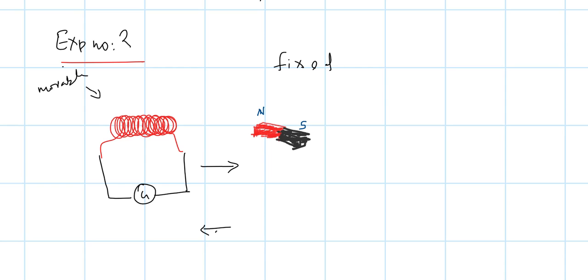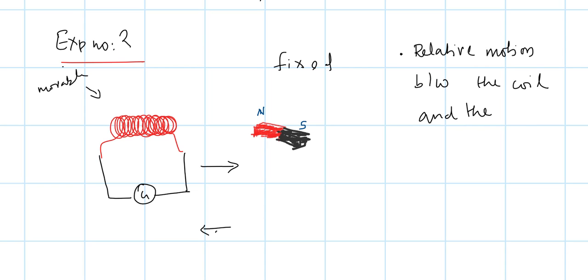So the only thing that was concluded by Henry was that a relative motion between the coil and the magnetic field induces an EMF in the coil.